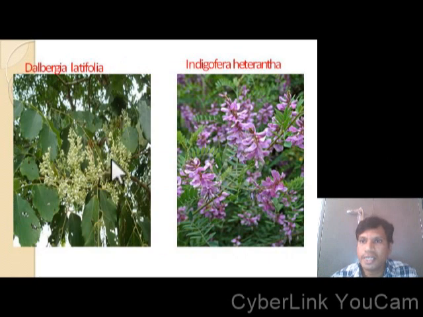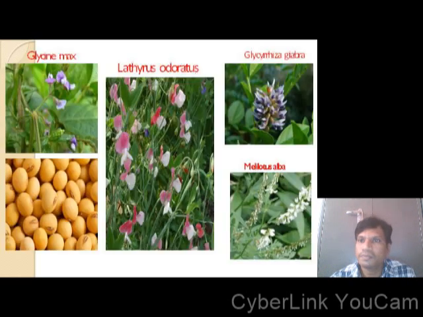This is Dalbergia latifolia, and Indigofera. This Indigofera, we discussed that a blue dye is obtained from it. This is Glycine max, where we find the most abundant proteins in the seeds. This is Lathyrus odoratus, and this is Glycyrrhiza glabra, and this is Melilotus alba.